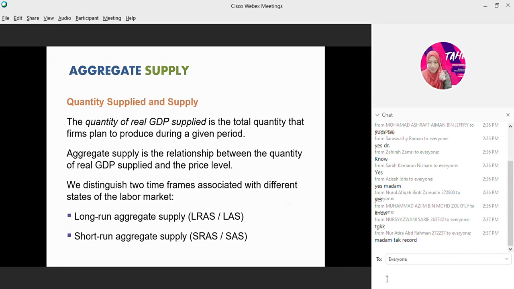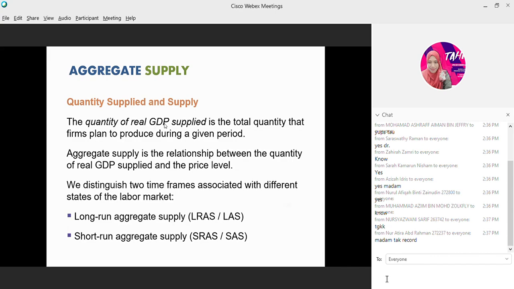Okay, so because we are analyzing the production as a whole, we are not referring to only one type of product. So therefore, the GDP itself tells us about, if you remember the definition of GDP, the gross domestic product. So this is GDP in the full name. It is called gross domestic product.